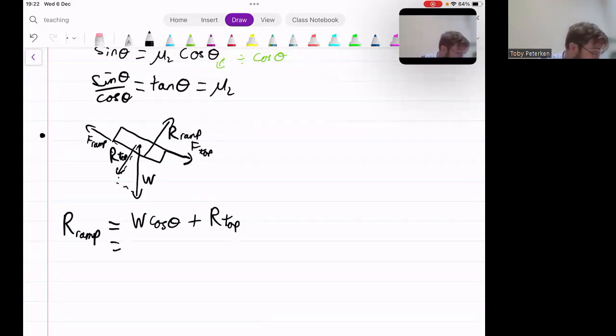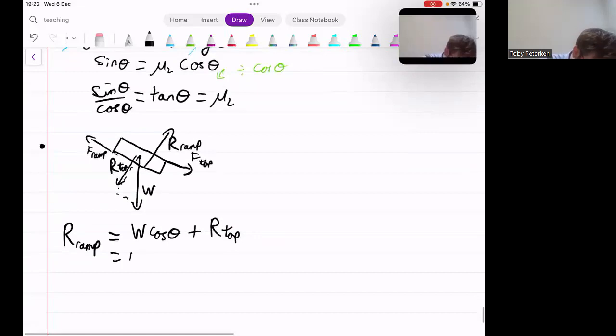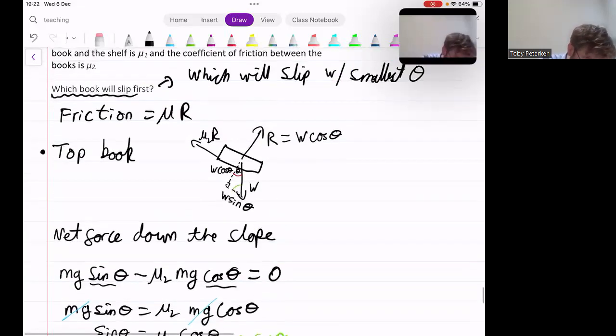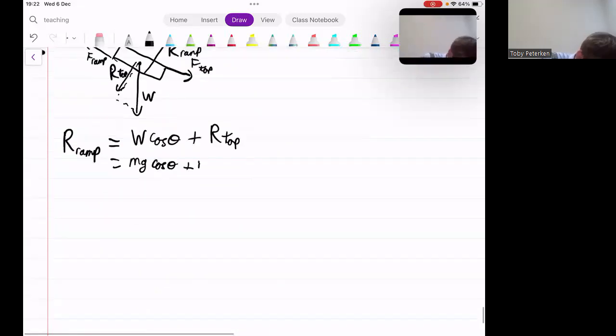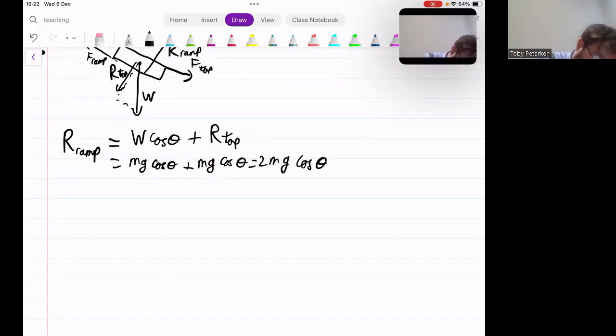So if we combine both of these, W is mg cos theta, and R from the top book is also mg cos theta. This is equal to 2 mg cos theta, which makes sense, right? The shelf has to balance the weight of two books, not just one.